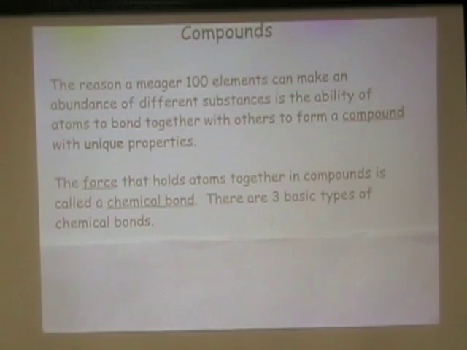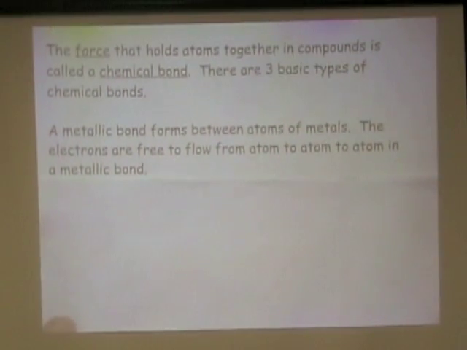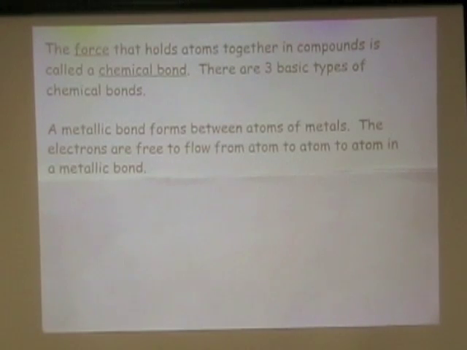And there are 3 basic types of chemical bonds. A metallic bond forms between atoms of metals. And in a metallic bond, the electrons are free to flow from one atom to another atom to another atom.